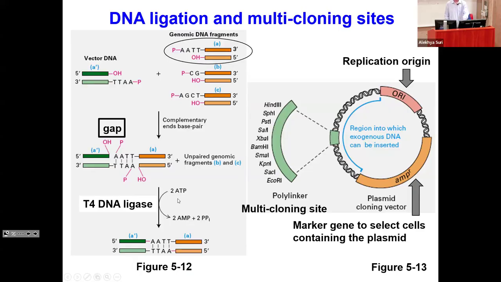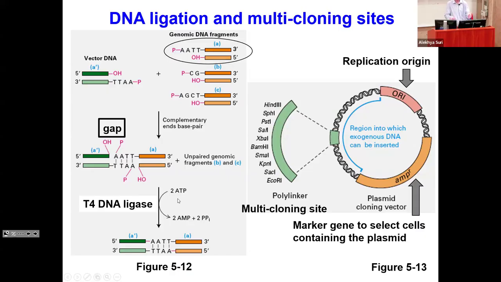Number 3 would be that many different plasmid DNAs have, for convenience, a cloning site, a multi-cloning site. You don't only have EcoRI, you have multiple different sites. It makes life easier when you do cloning.